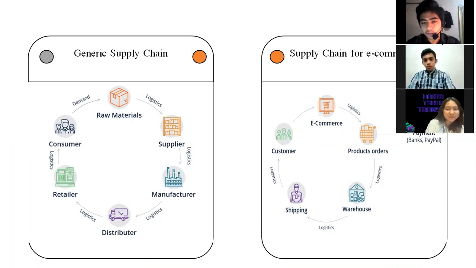After that, the customer will pay, and the order will continue to the warehouse, and through the process of logistics it'll go next to shipping, and it'll ship right to the customer. That's how the supply chain mostly works in e-commerce nowadays.